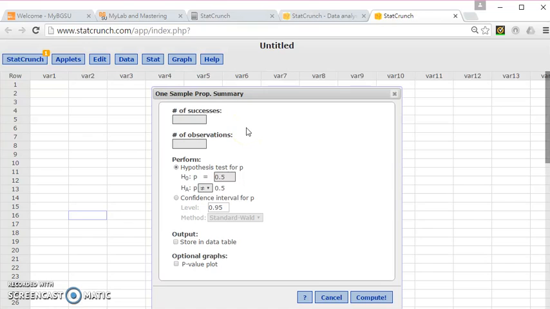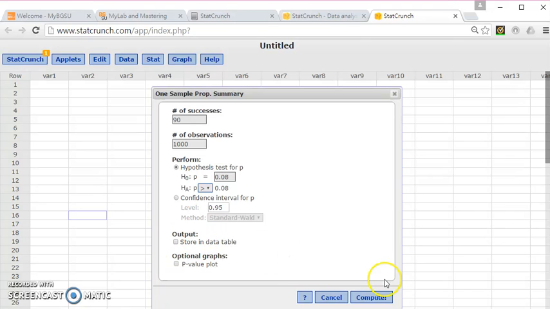The number of successes right here is 90. Observations, that's 1,000. And we're going to do hypothesis test for proportion. With the null hypothesis, it's P equals 0.08. And alternative hypothesis will be P greater than, because we want to see if it has increased. So it's greater than 0.08.